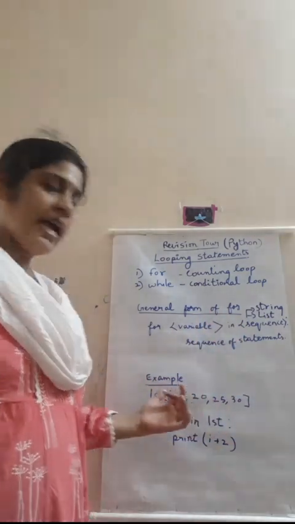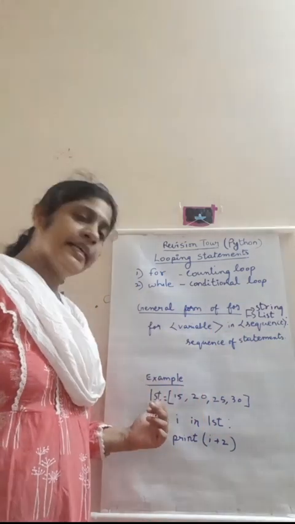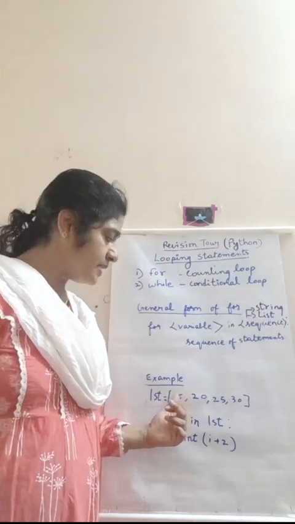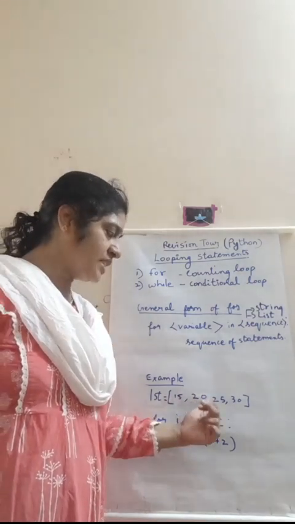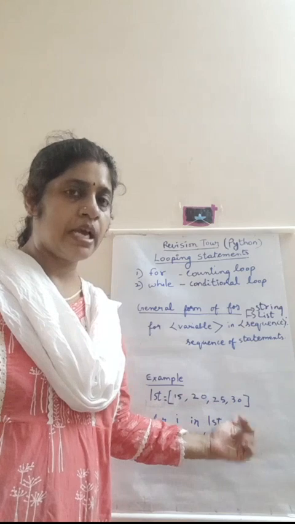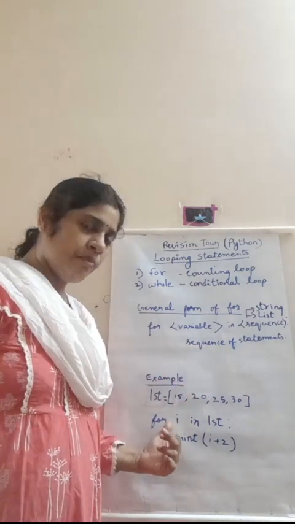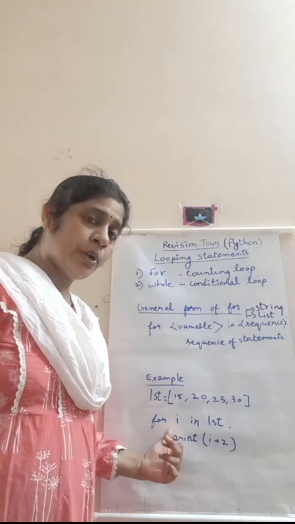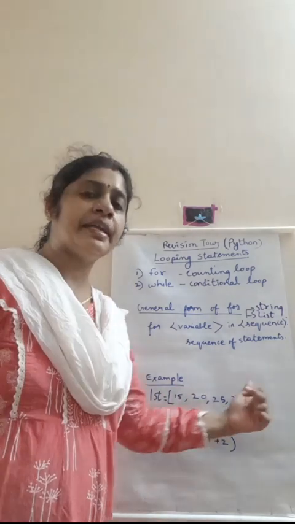For example, I have defined a list here, which has the elements 15, 20, 25 and 30. Now I am running the for loop for this list. This for loop will run for every element in the list.